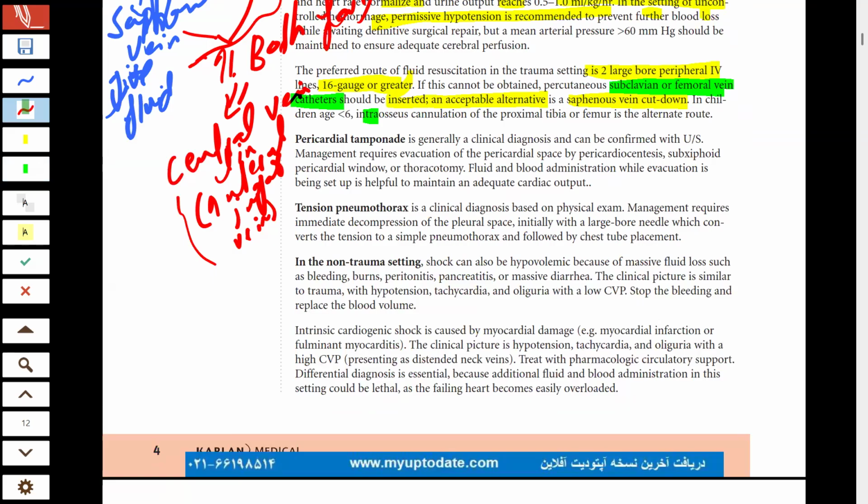One more thing. For example, what is the meaning of BP? BP is equal to cardiac output multiplied by TPR, right? Mean arterial pressure is equal to BP. So BP depends upon the cardiac output and TPR.